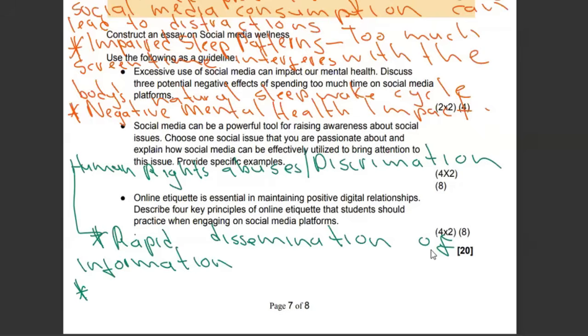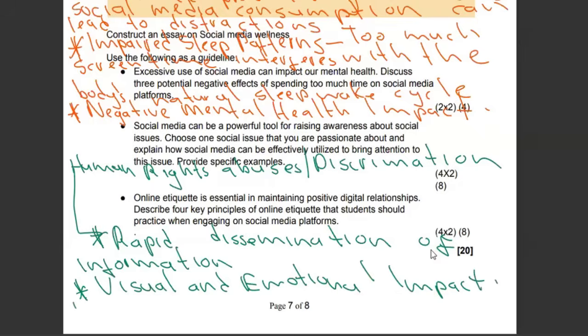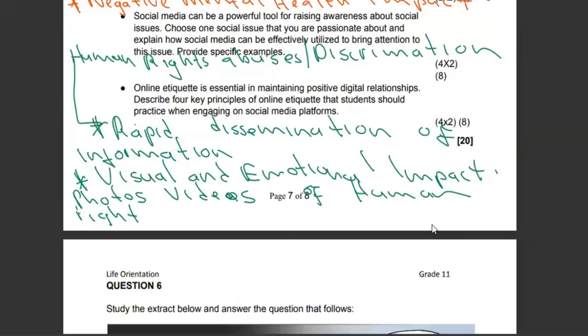Then the second way, it also has a visual and emotional impact, through the sharing of pictures and videos. Photos and videos of human rights abuses may evoke certain emotions.